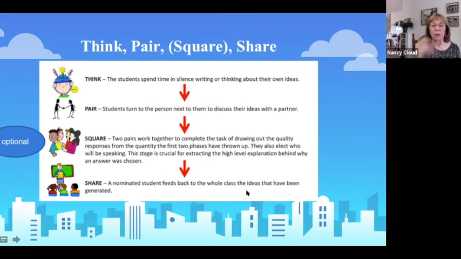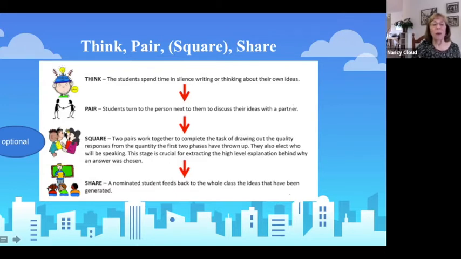And the way this is helpful is, suppose I have 32 kids in my class, which is possible. I would have 16 sets of partners. And if I want them all to share, that's going to take a long time. But if I put them in a square before we share, the best ideas will come out through this sharing again.